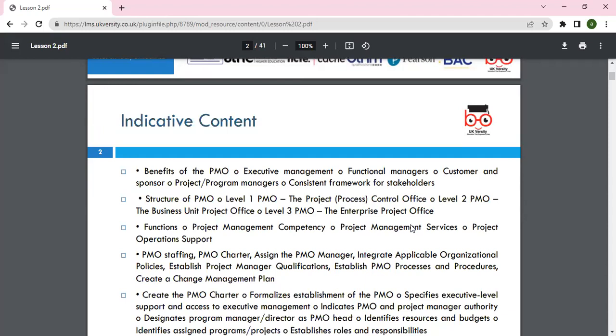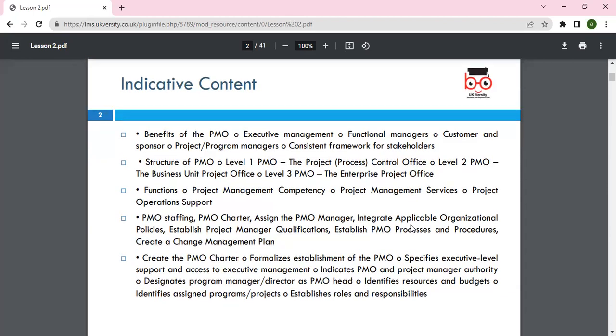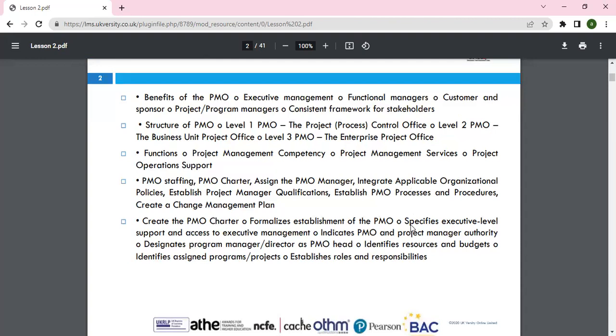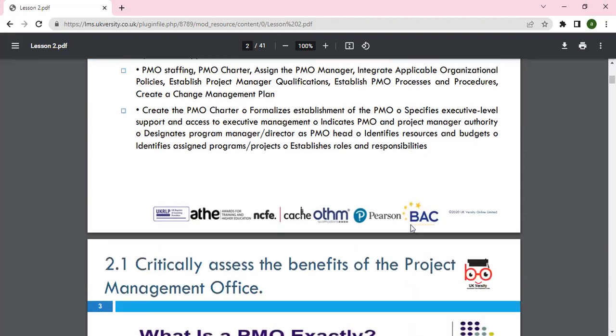Functional managers are the managers of each department, known as a functional area, like the HR department and the production department. We have to work with good coordination to make our project successful. These are indicative contents, and the discussion will cover all the bullet points.